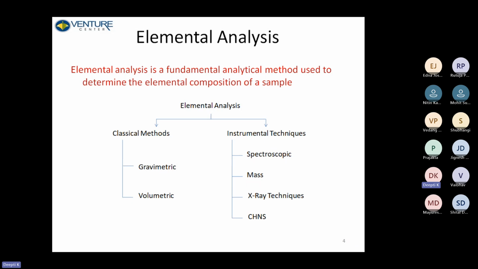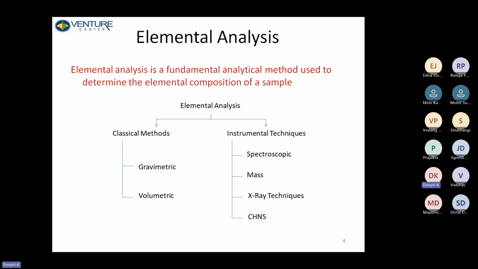Volumetric analysis is basically the titrimetric methods that we know of, like acid-base titration, precipitation titrations, and so on. And gravimetric analysis will be precipitation, but analyzing the mass after the precipitation has occurred. For example, if we want to determine sulfate concentration in a sample, gravimetric analysis is the most popular, and in fact it is accepted by most of the regulatory bodies.